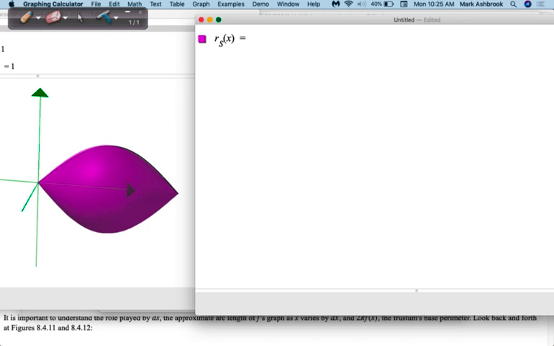So the 2 pi, 2 pi sine x, sine x, good. And then times the square root of 1 plus the rate of change of the function squared. Which is, and we can just write that. What is the rate of change of the function?